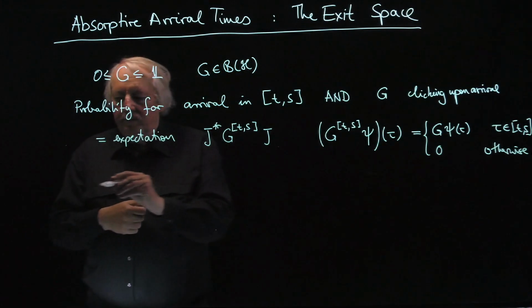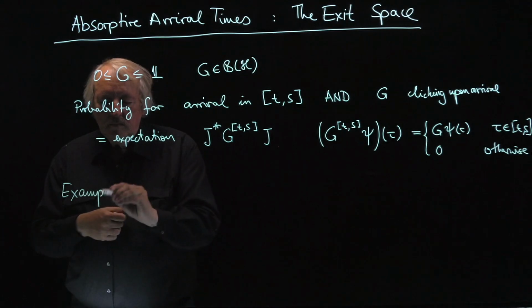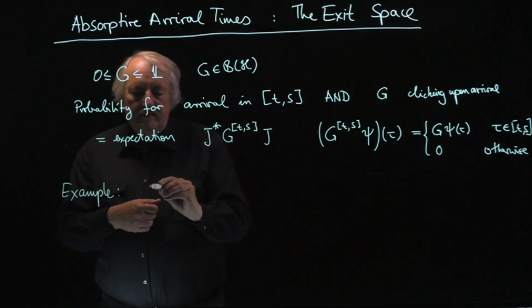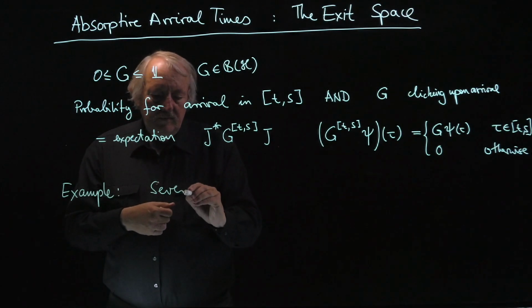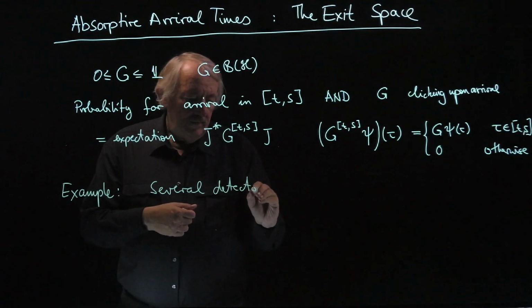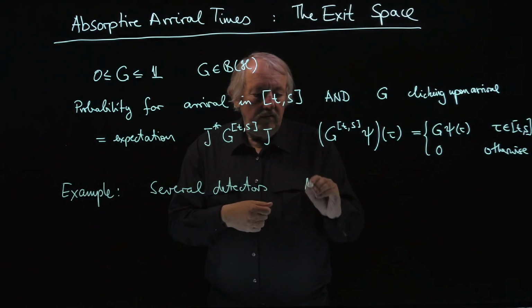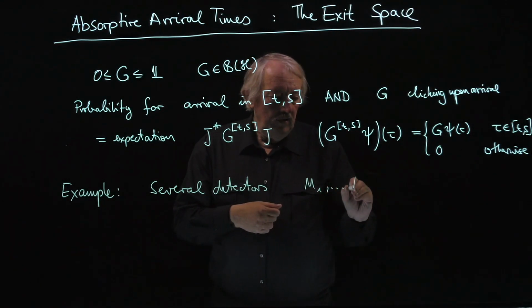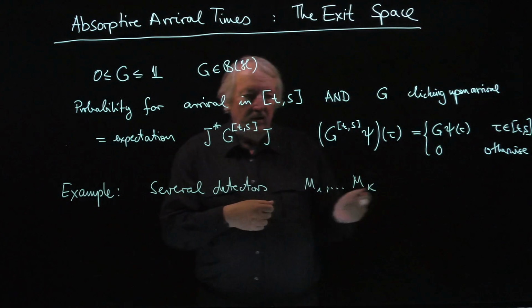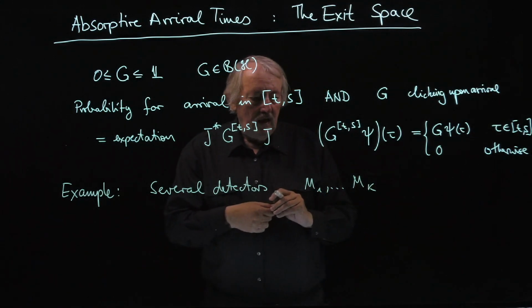So for example, several detectors, let's say M1 to, I don't know, MK. So these are terms for the Hamiltonian.